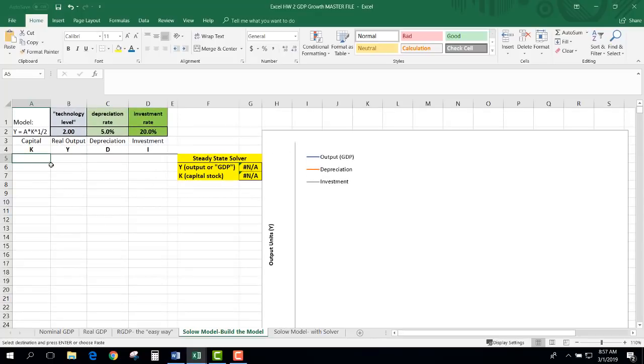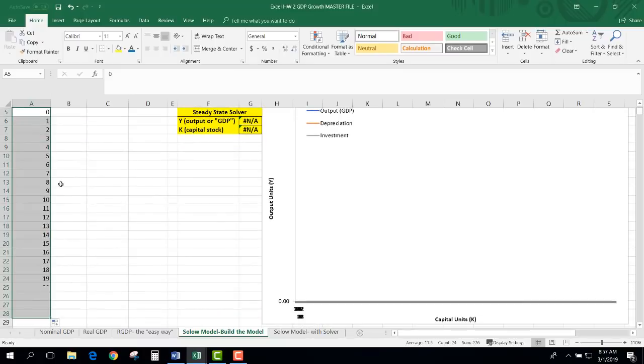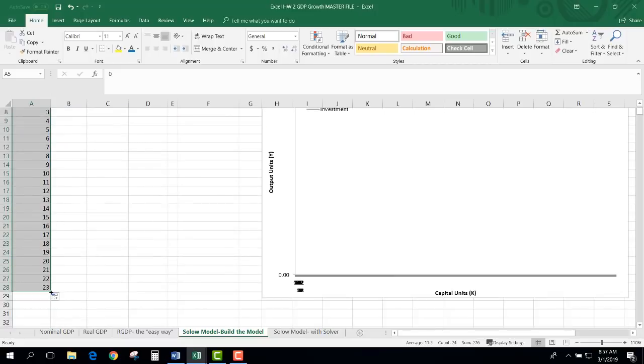So we want to create values of capital from 0 to 1,000. All I need to do is start typing in the capital column 0, 1, 2, 3, then select that range of values, go down to the fill box, the crosshairs, and fill it. You'll notice Excel will figure out the pattern. It's increasing by 1 every time.